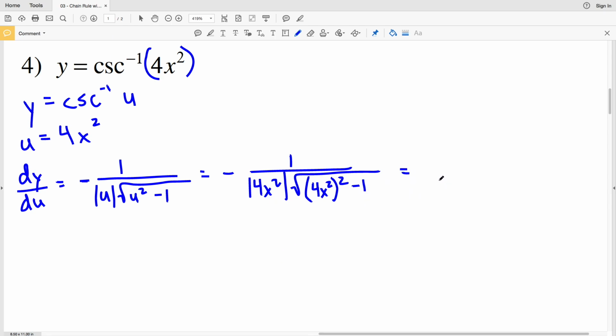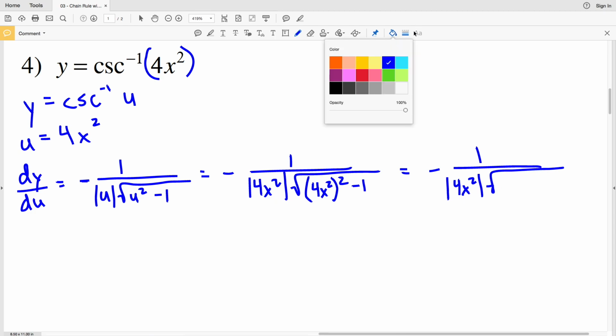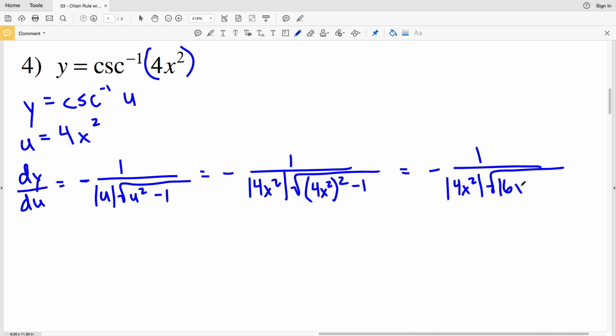Now simplifying this further, I'll have negative 1 all over the absolute value of 4x squared times the square root of 4x squared. That'll be 4 squared, which is 16, times x squared, which is x to the 2 times 2, or x to the 4th, and we're subtracting 1 from that.